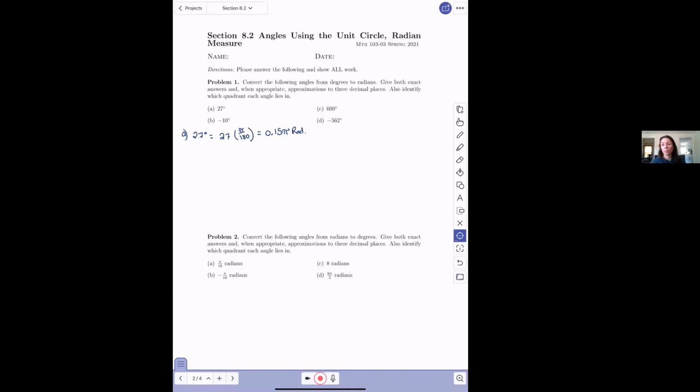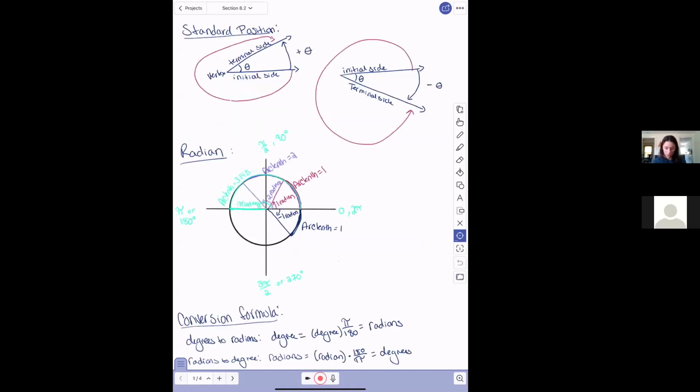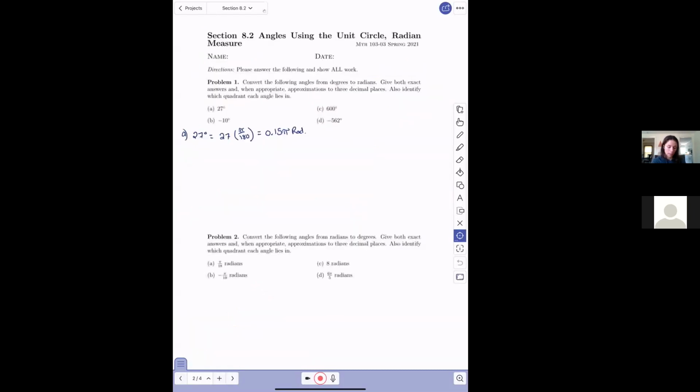Then we have to determine which of these values it's in between, which would be hard in this case with the radians. But 27 degrees I know is in the first quadrant. So Q1 is the answer there.